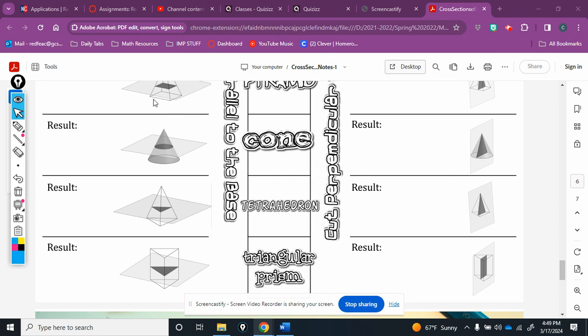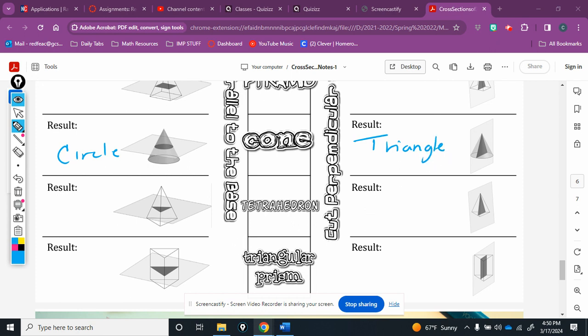So let's see. For the cone, what are we going to get? Okay, so for the cone, you should have a circle and a triangle. All right.